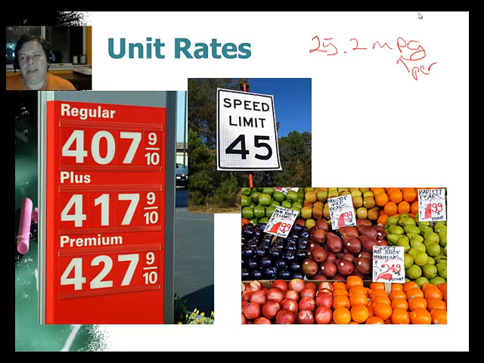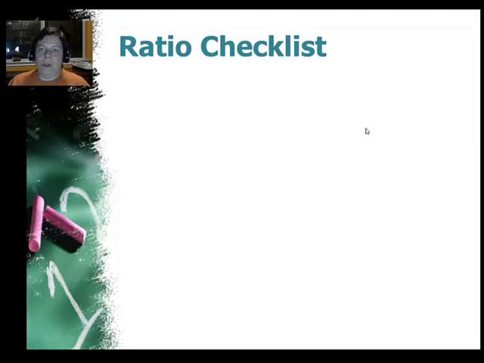And that's not a normal way to write a ratio except for unit rates. So how can I write that in a different way? I can say 25.2 miles to 1 gallon of gas, which means when I have 1 gallon of gas, I can go 25.2 miles.